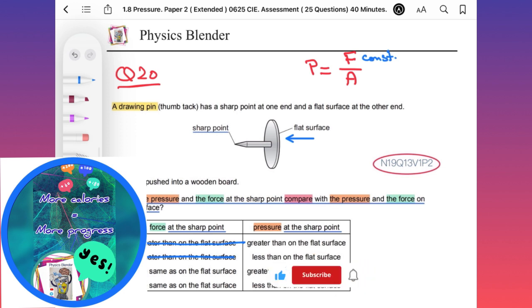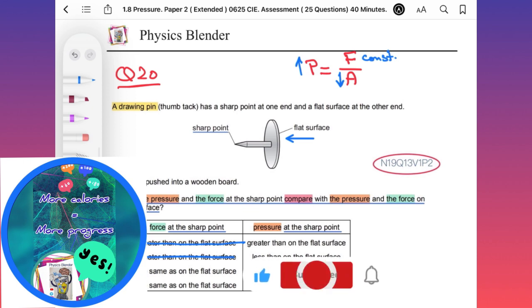At the sharp point, the area of contact is very small, so the pressure will be greatest. So the correct answer is C. Pressure is greater than on the flat surface. Why? Because at constant force, pressure is inversely proportional to area of contact.